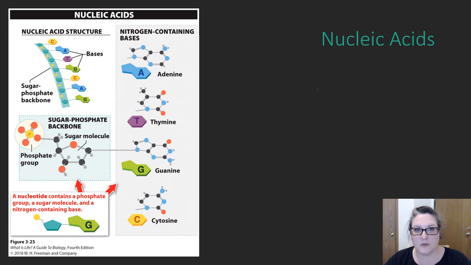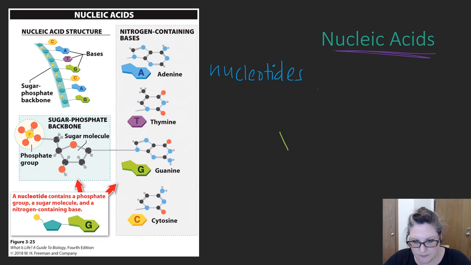So let's move forward. The final type of macromolecule I want to talk about are the nucleic acids. So nucleic acids are made of repeating units of what we call nucleotides. And nucleotides have 3 distinct parts.